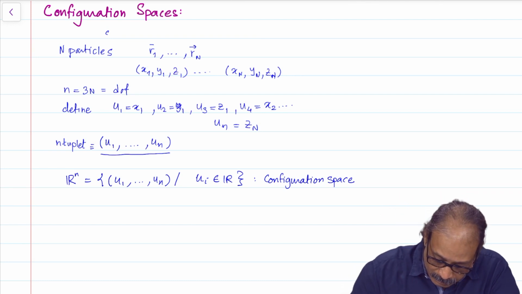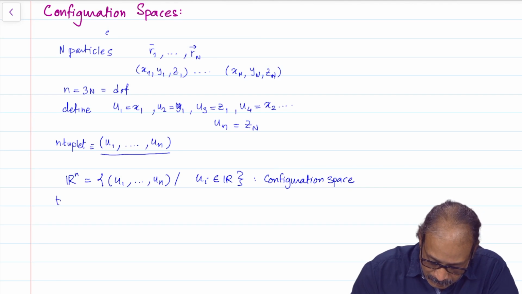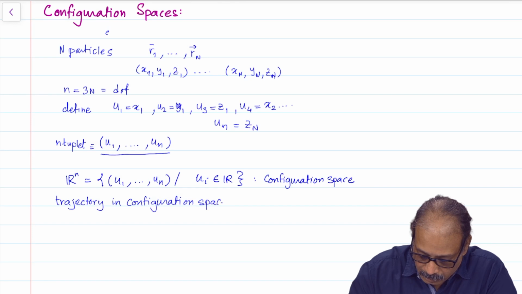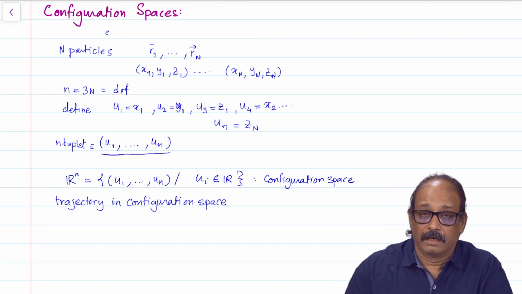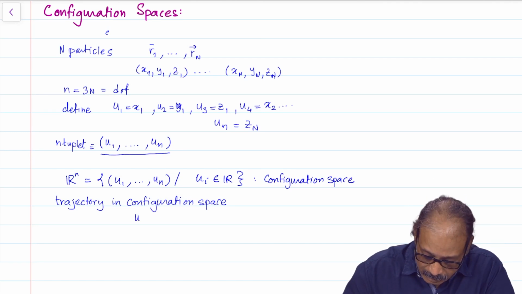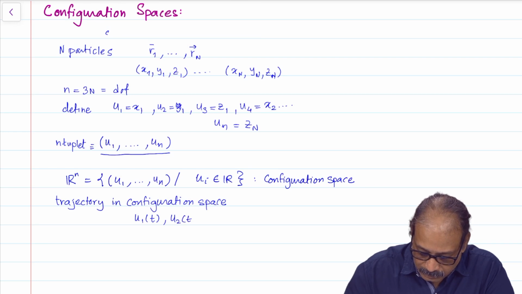Okay. So, a trajectory in configuration space is given by n functions of the coordinates: u1 as a function of t, u2 as a function of t and so on, un as a function of t.